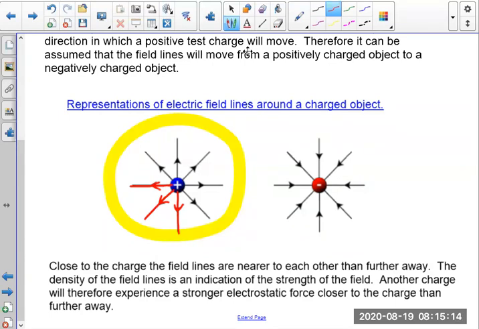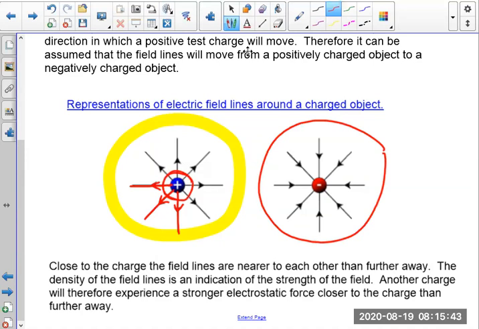And the other one next to it is how the electric field looks around a negative point charge. So in which direction will a small positive particle move? It will move towards negative, away from positive, as you can see there. Okay. Now, what we need to remember is, can you see the lines are closer the closer they are to the positive or the negative point charge.